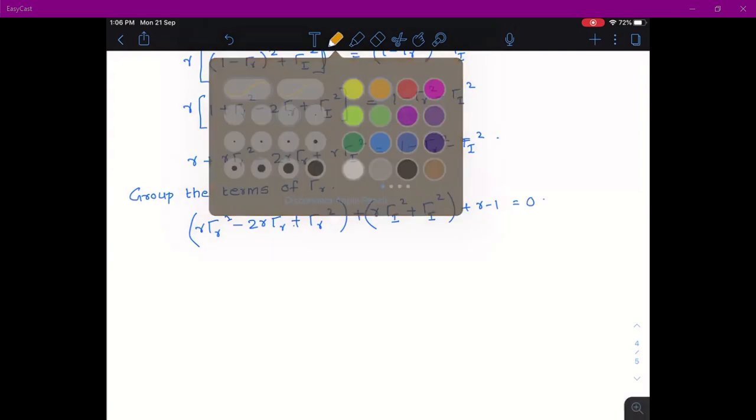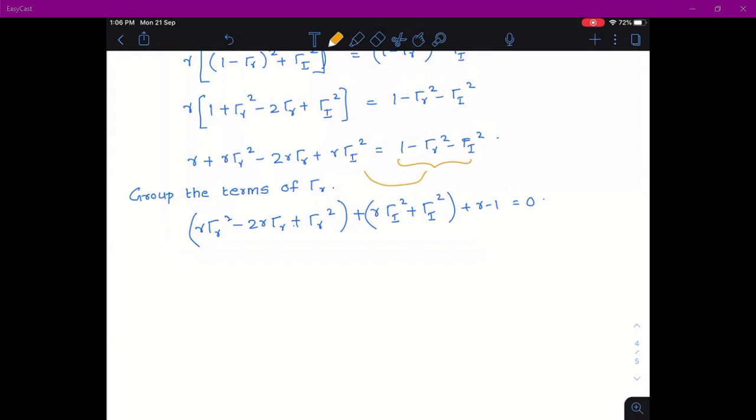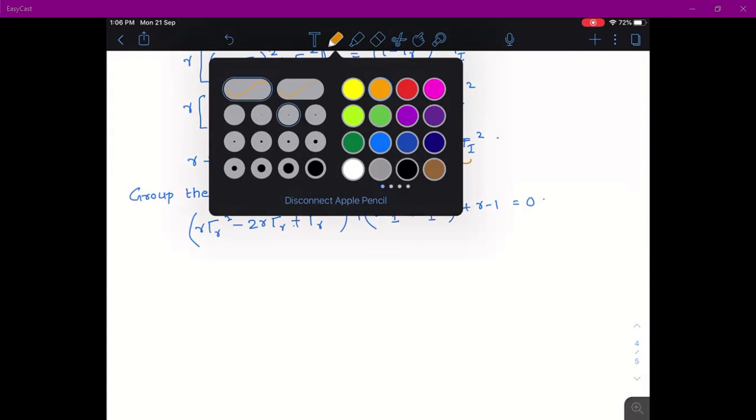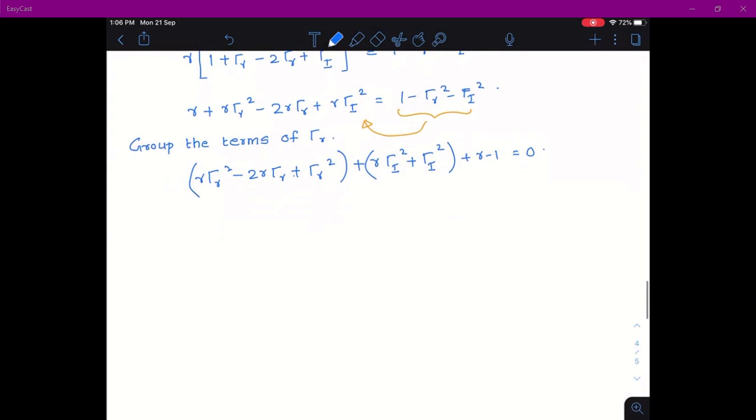Okay. So what I did, I have brought the right hand side to the left hand side, and I grouped the terms of τr, the terms of τI and the terms of constant. Fine. So there is rτr² and τr², so that is (r + 1)τr² − 2rτr, okay, plus (r + 1)τI² plus (r − 1) equal to 0.